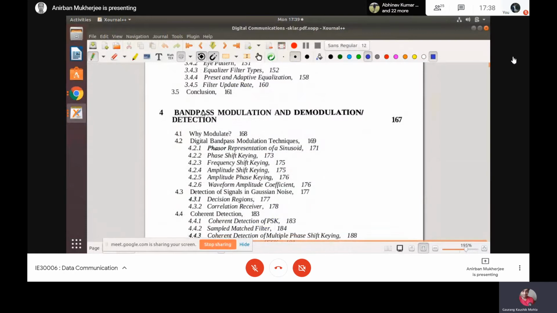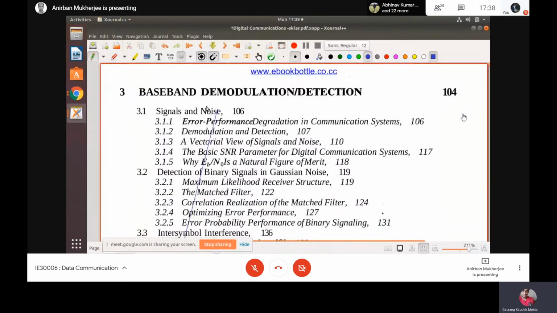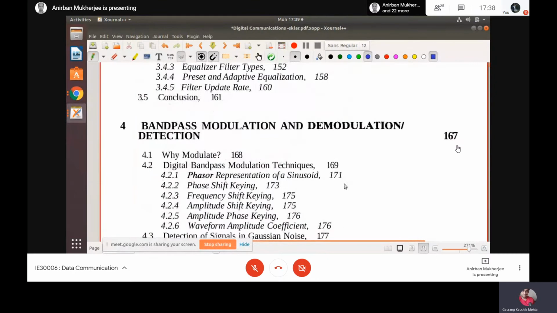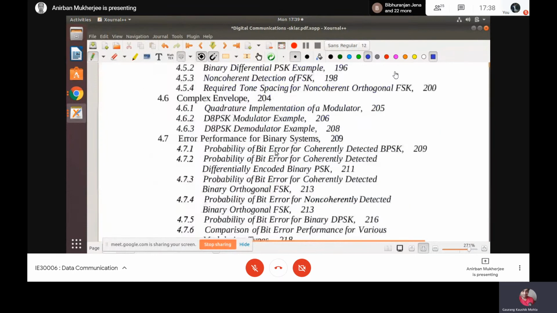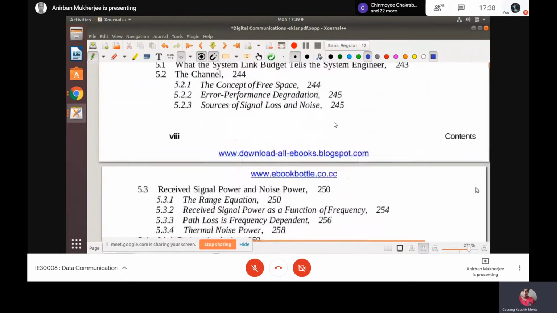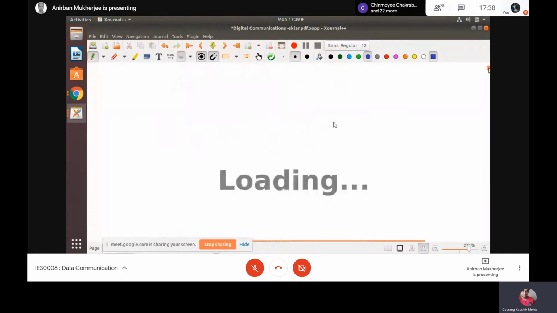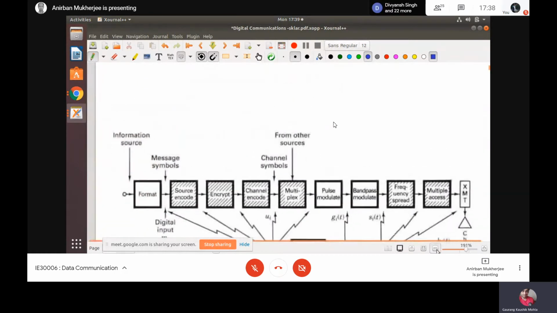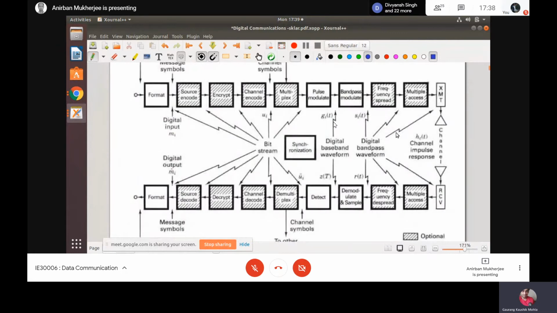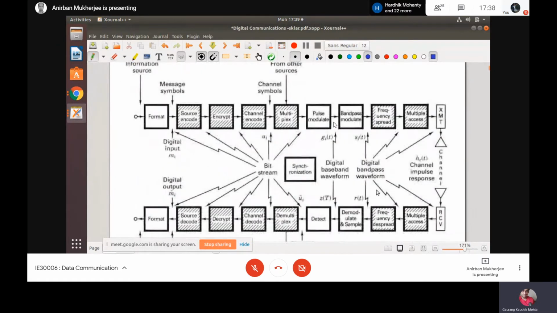Basically, we are talking about chapter 4. In my soft copy, chapter 4 is not there. So this is band pass modulation and demodulation. Now in this one, let us see our basic block diagram, if you can remember that.